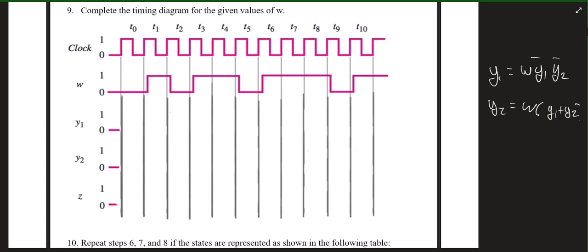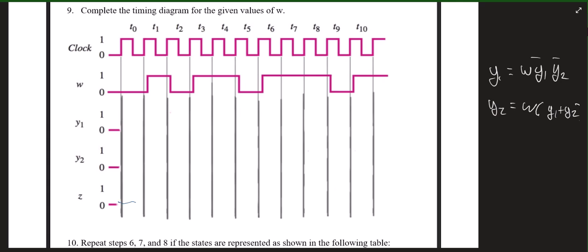And I found, for me, the easiest way to do Z was just to remember how Z was defined. Z was defined as it would be 1 if the previous 2 inputs were 1, and it'd be 0 otherwise. So I'm going to do Z first.